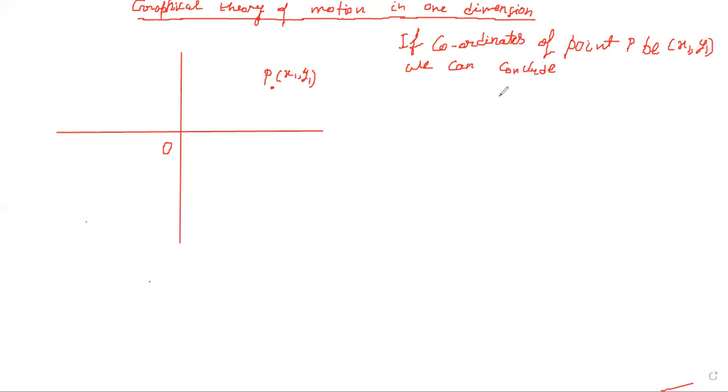This is very important. What can we conclude about a point lying on a two-dimensional plane with coordinates x1, y1?